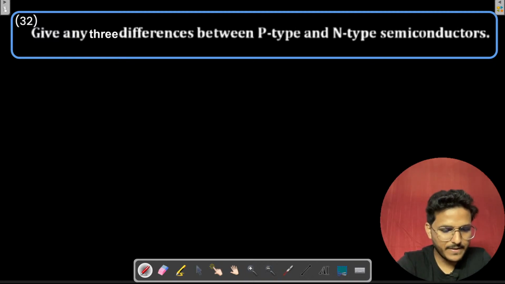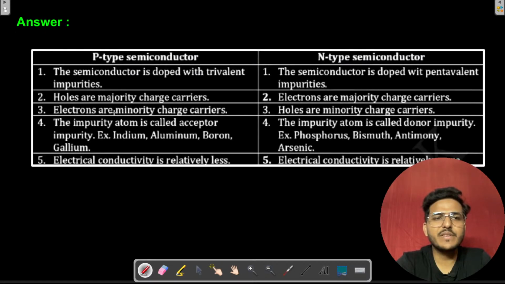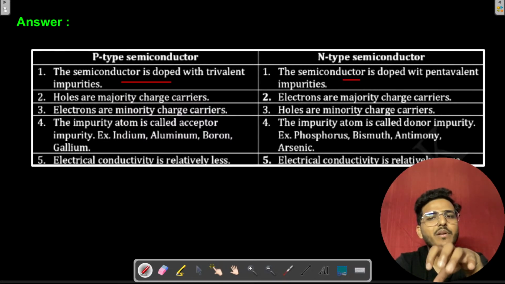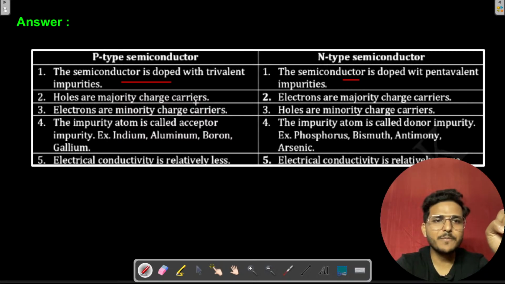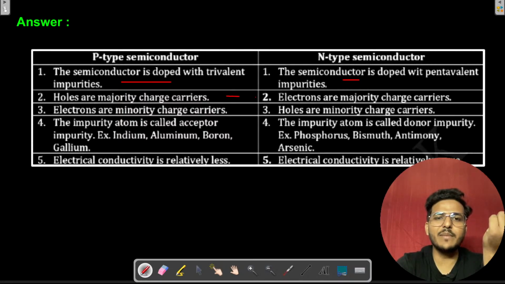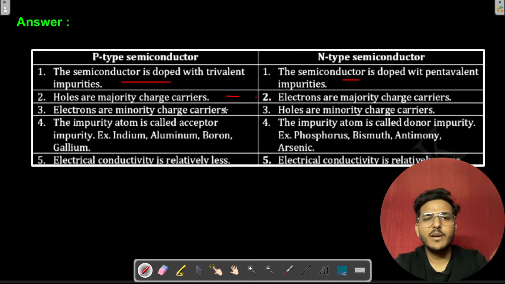All right. Okay, next. Give the difference between p-type and n-type. See, p-type semiconductor is doped by trivalent impurities. In n-type, there are pentavalent impurities. In p-type, holes are majority charge carriers. In n-type, electrons are majority charge carriers.